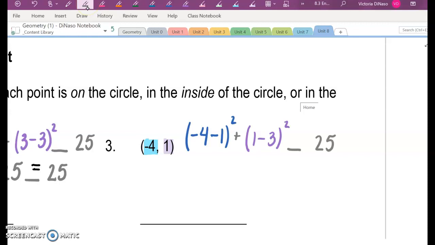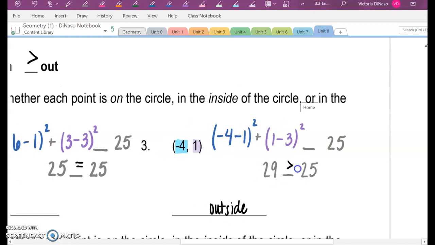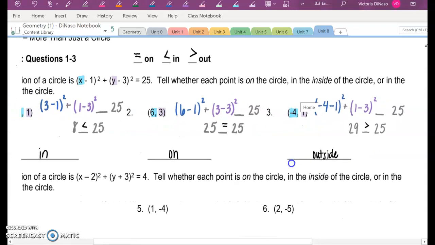No, you do not have to show work if you know what you're doing. And you should get that 29. And hopefully then you'll know that 29 is larger than 25. Therefore, this point is located outside the circle.